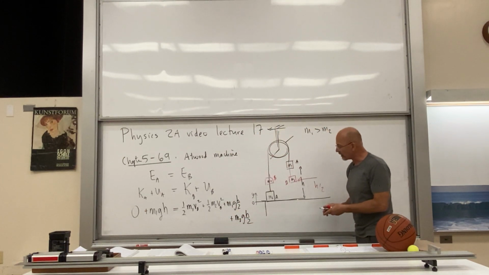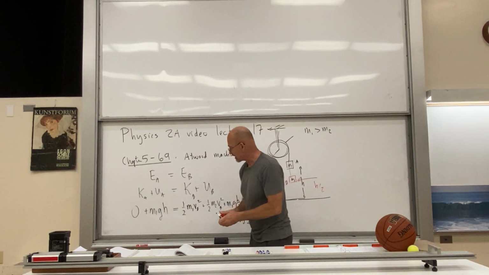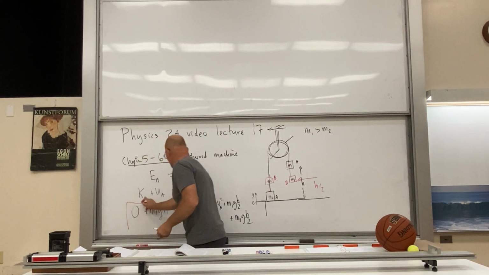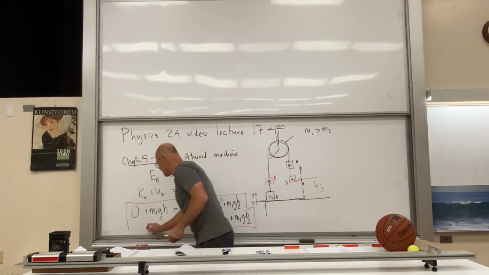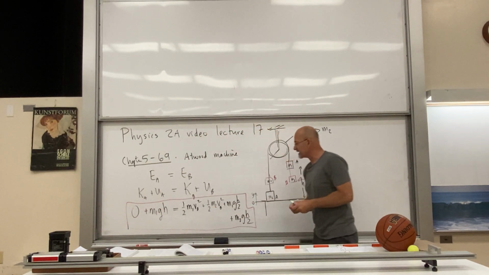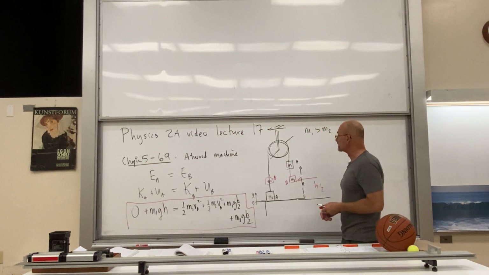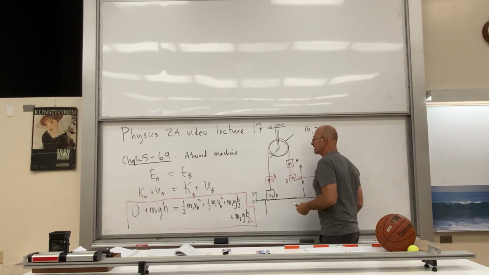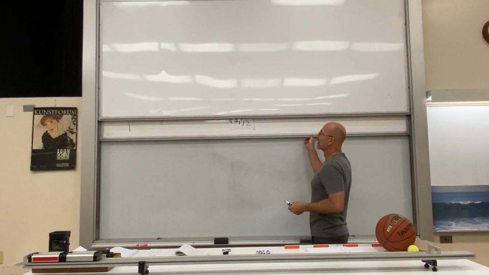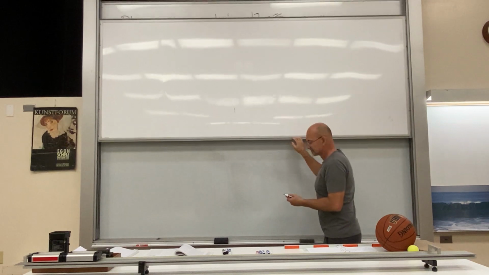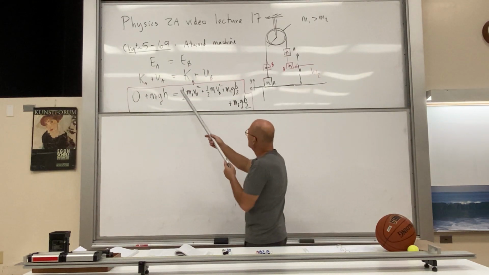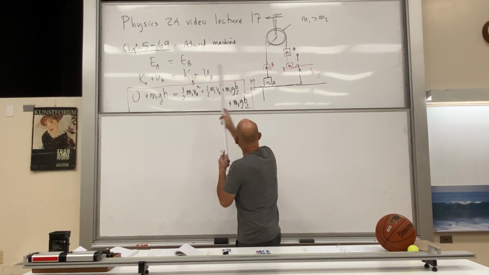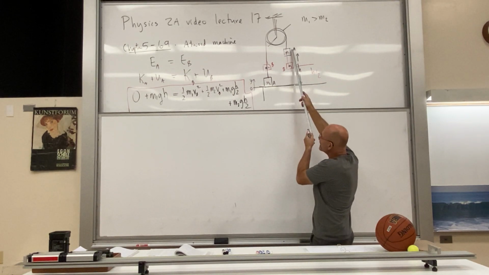I should have left a little more room, but I'll outline this equation. We just wrote it down and the answer is actually staring us in the face. Once again, initially we just had the potential energy of M1.